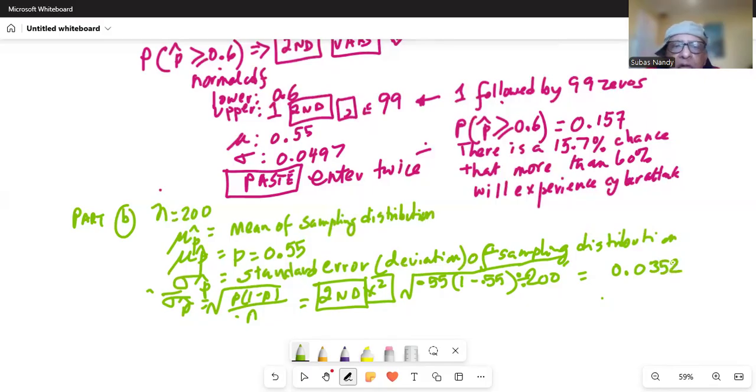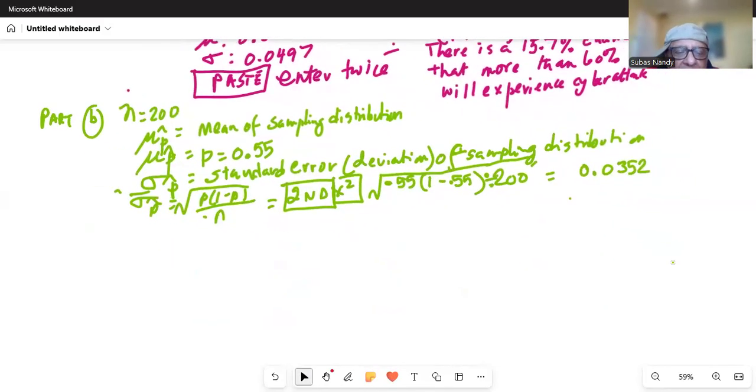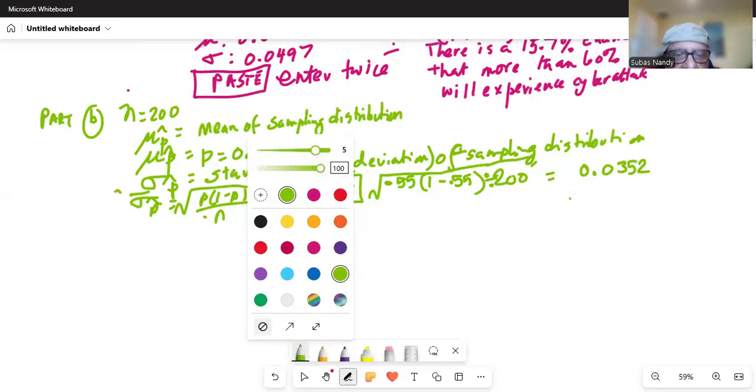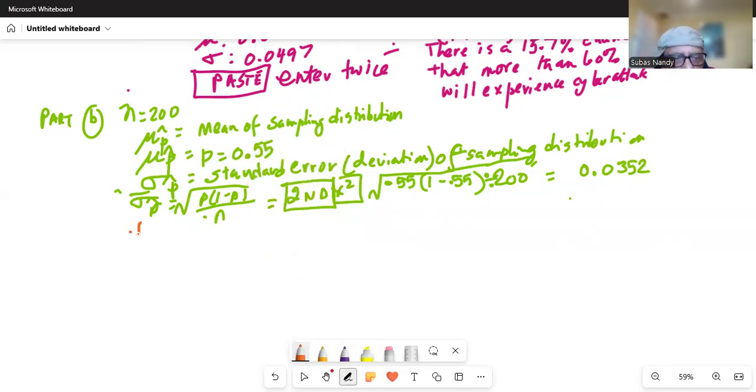Okay, now let's repeat the calculation for the probability, or the chances, that the proportion of cyber attack is greater than 60%. So if I move this a little bit up, and maybe change the color to make it a little bit interesting. So now I want to calculate the probability that p hat is greater than 0.6.